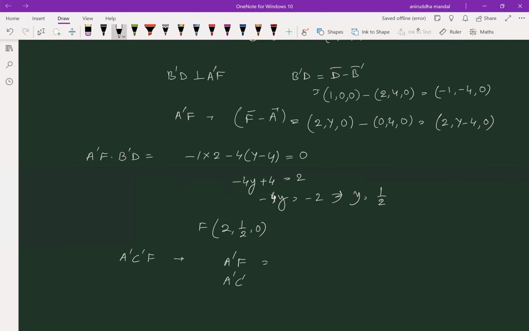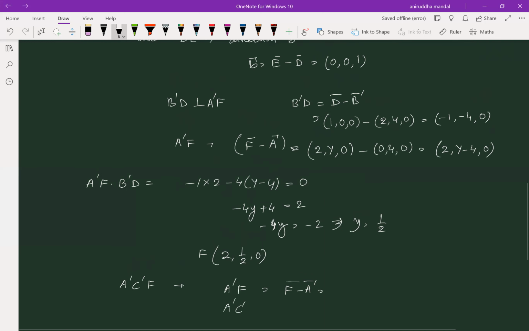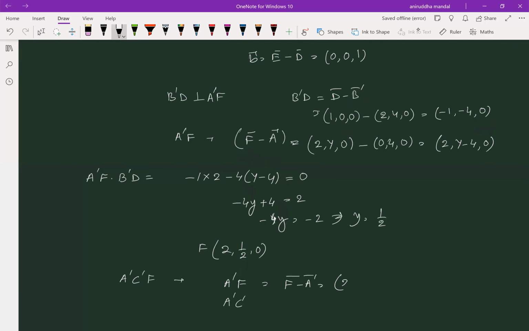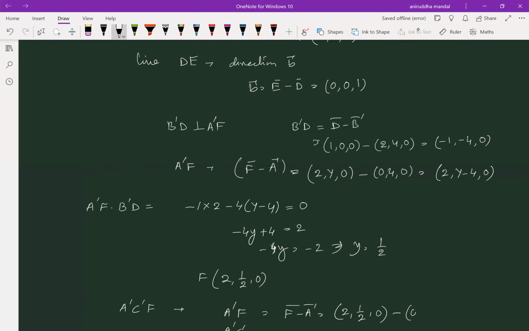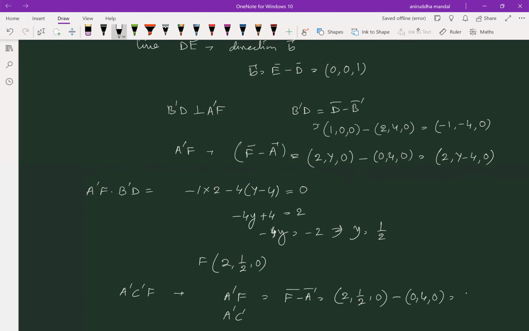Okay, so a dash f means f minus a. So f vector is (2, 1/2, 0) minus a dash vector, which is (0, 4, 0). So this is (2, 1/2 - 4, 0), which is (2, -7/2, 0).